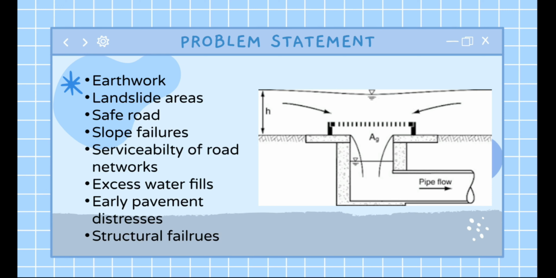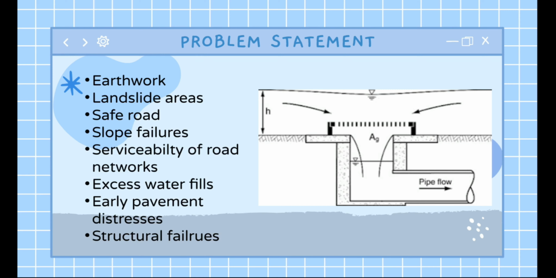A safe road can prevent landslide areas together with reducing the slope failures. The landslide areas should also be stabilized by providing additional drainage when the slope failures happen.